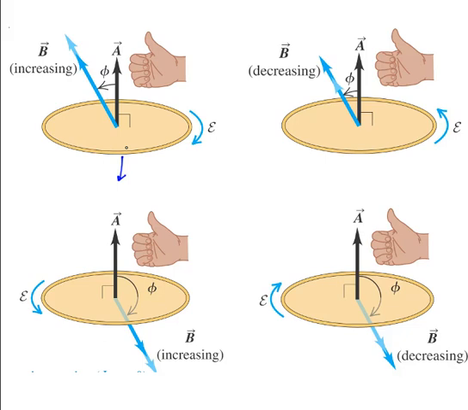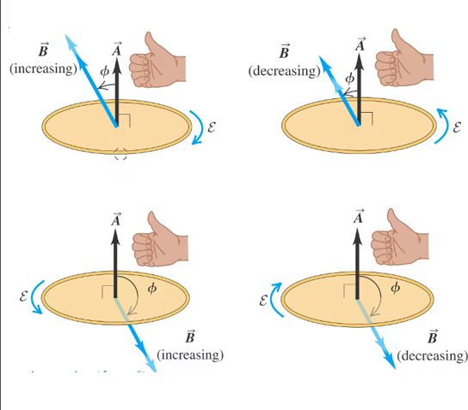Which direction we define as the area, the direction of the area is arbitrary. You can choose it any way you want. And if in fact the voltage is going the opposite way that we might think, then we're just going to get a minus sign for it.